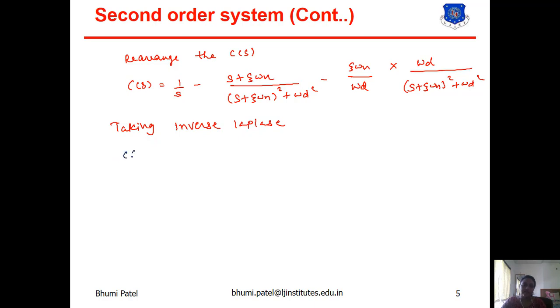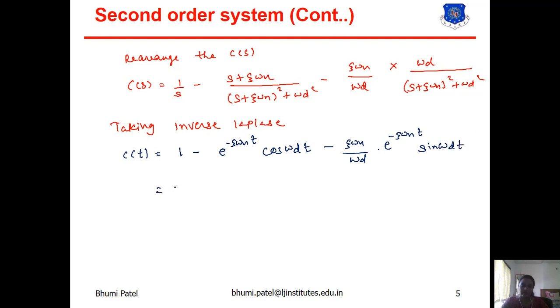So inverse Laplace of C of S is equal to C of t. 1 by S, the inverse Laplace of 1 by S is equal to 1 minus the inverse Laplace of this term is e raised to minus zeta omega n t cos omega d t minus, here this term is constant, so zeta omega n upon omega d into the inverse Laplace of this term is e raised to minus zeta omega n t sin omega d t.